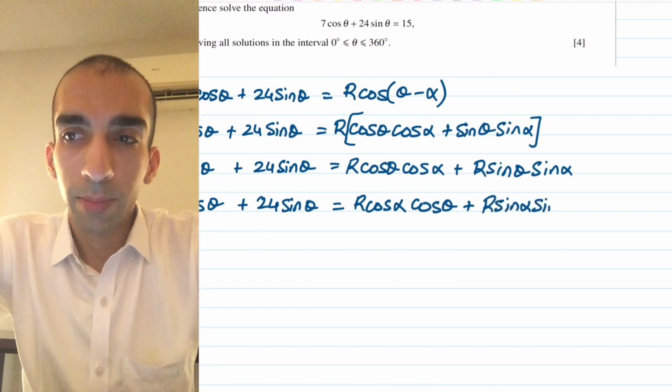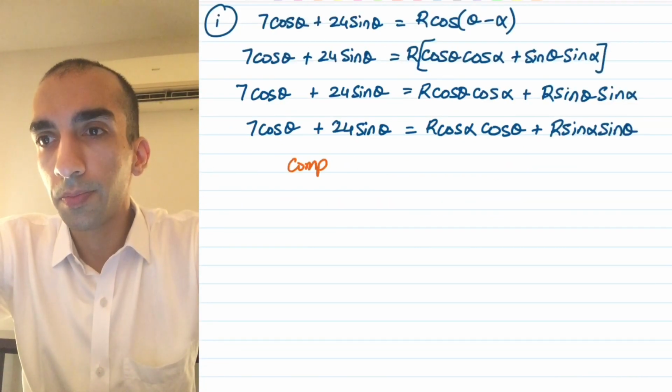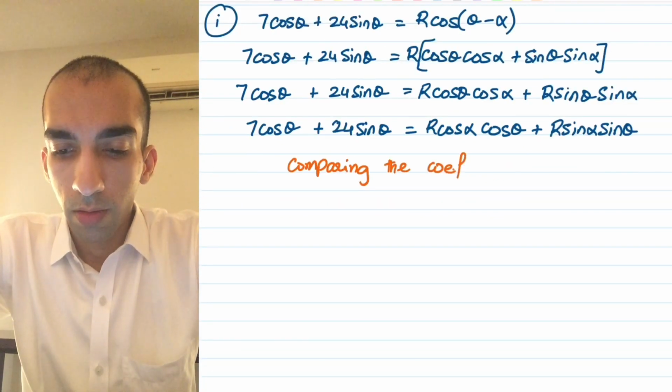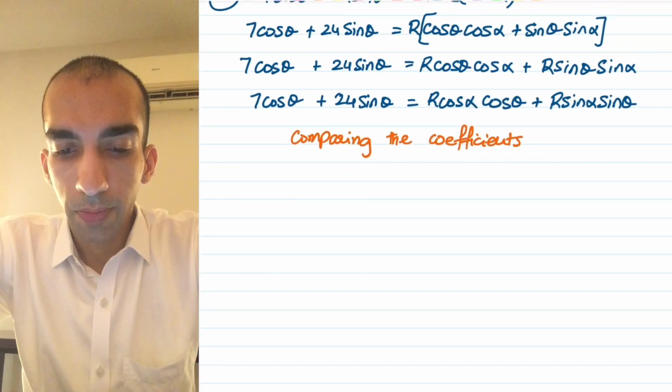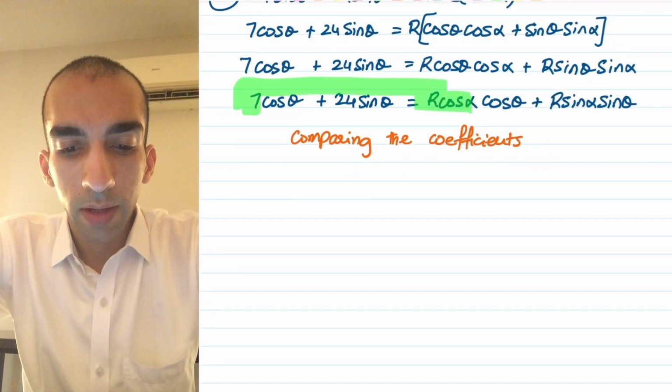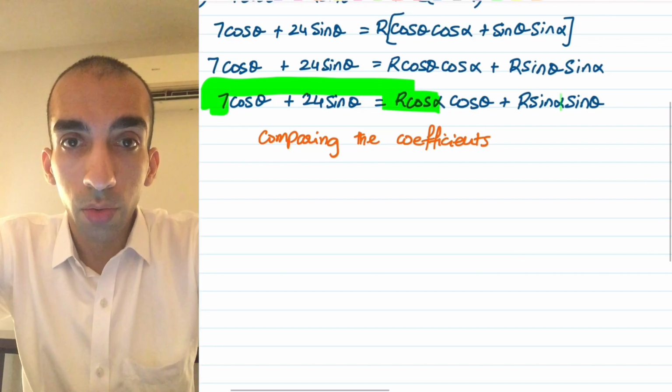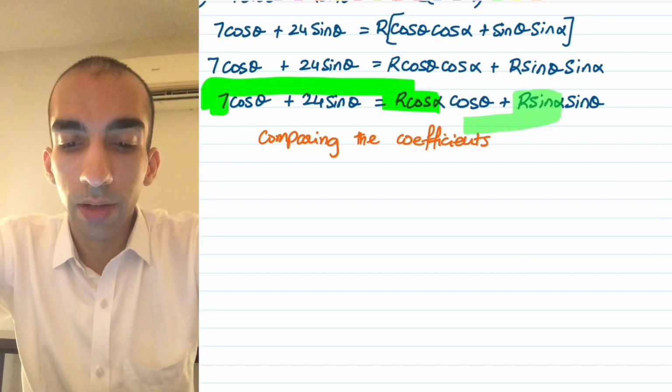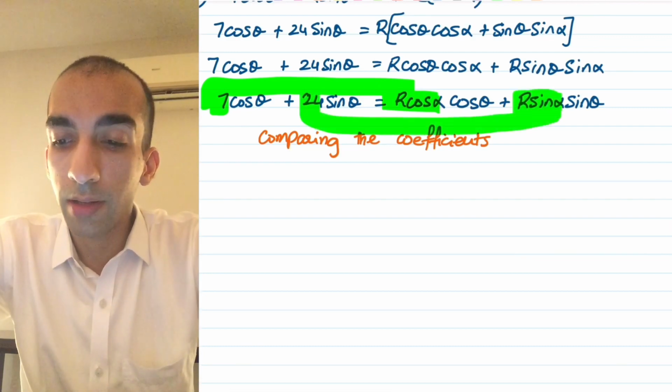You can very well skip this step if you understand this. So comparing the coefficients, r cos alpha is equal to 7, because these are the coefficients of cos theta. R sin alpha is equal to 24, these are the coefficients of sin theta.